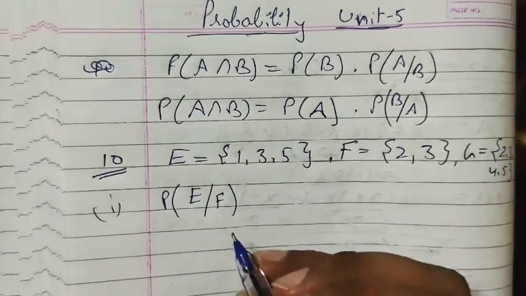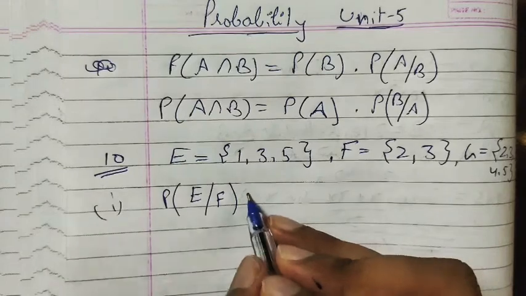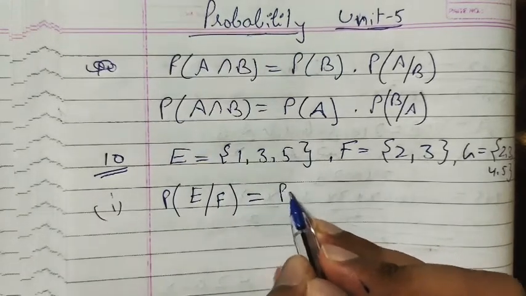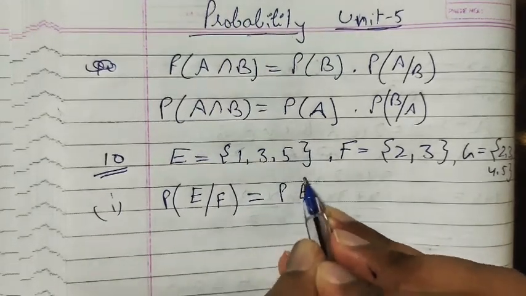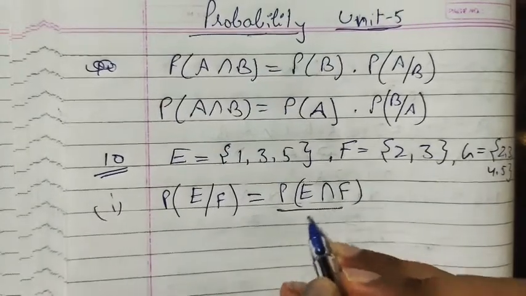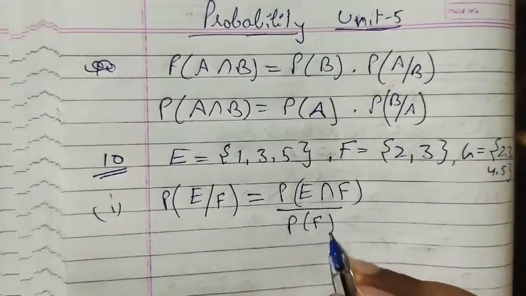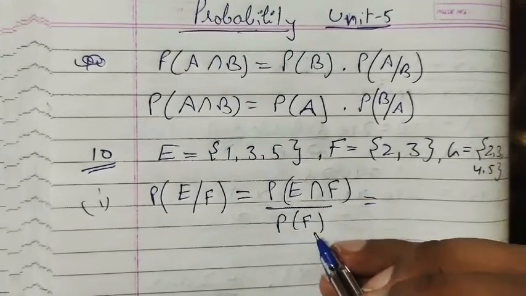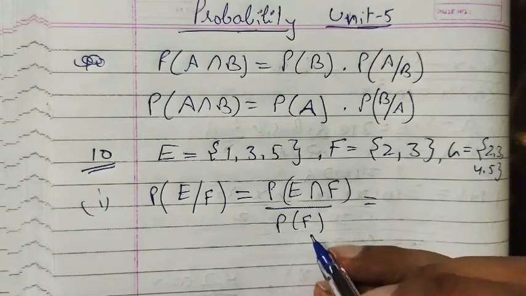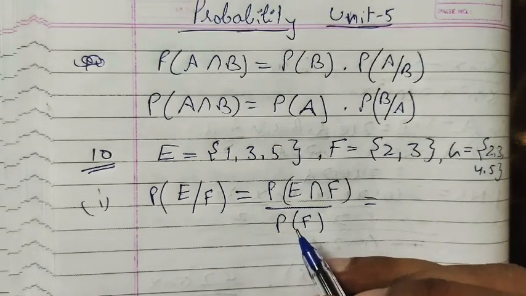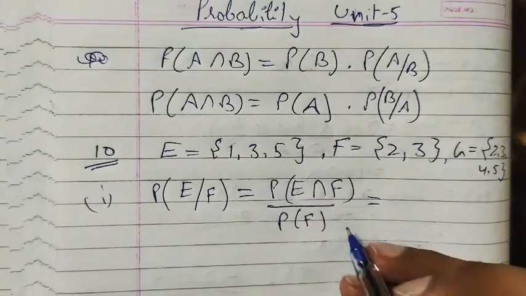So P(E|F) will be the probability of E intersection F upon the probability of F, right? Now a fair dice is rolled, so E is this event.